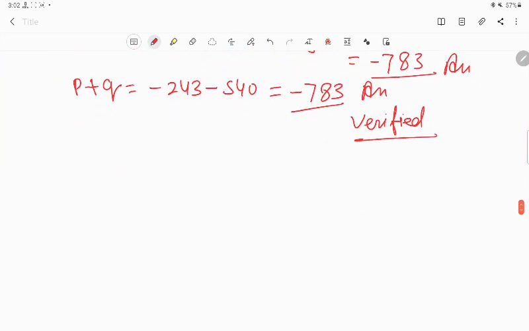Now see the last, part D: P is given as minus 2005 and Q is given as minus 400.